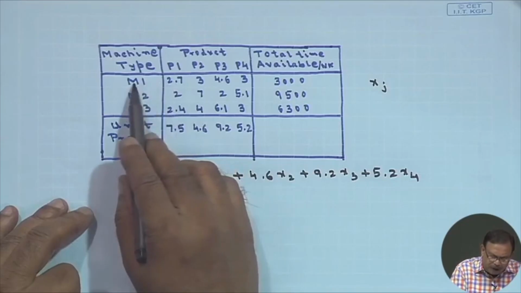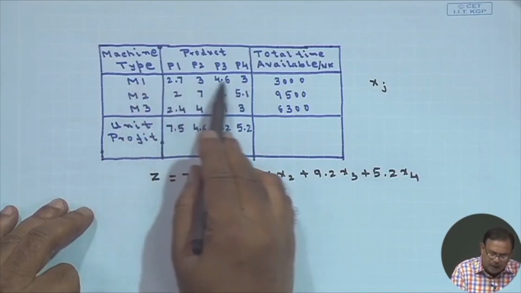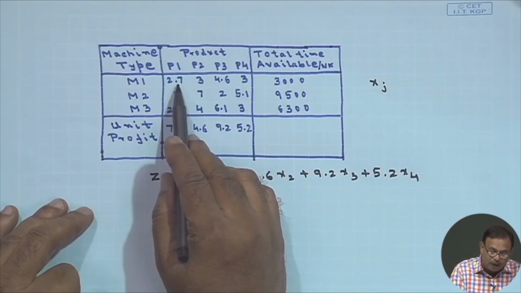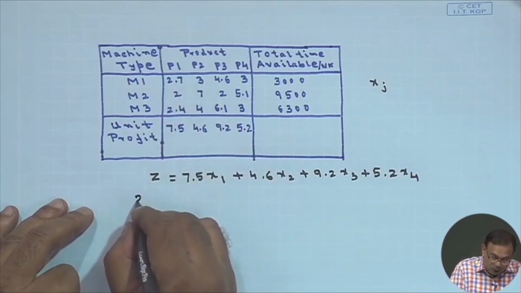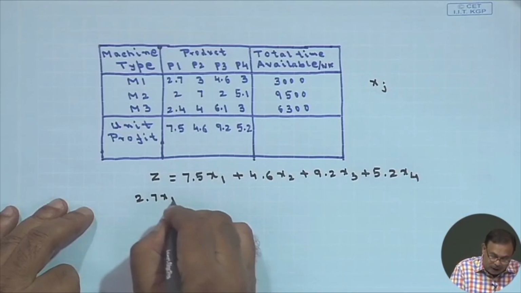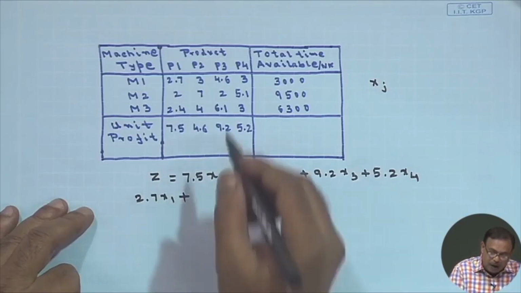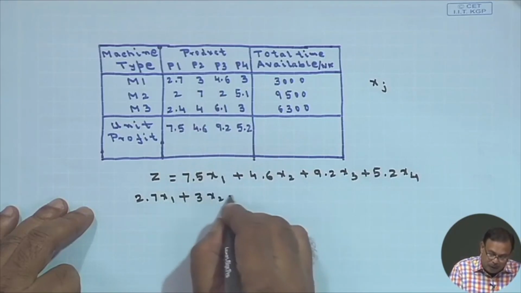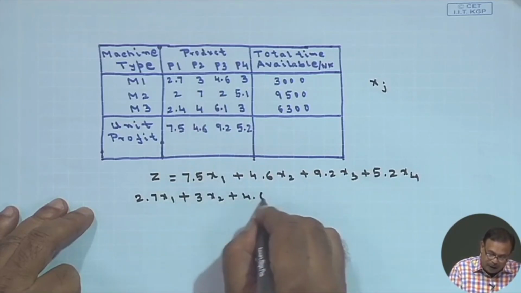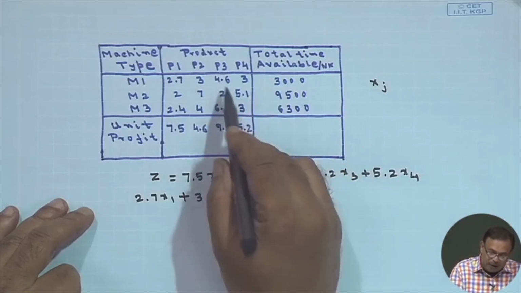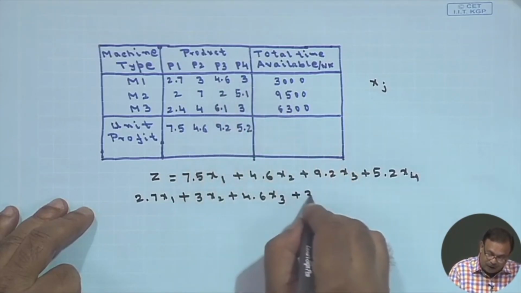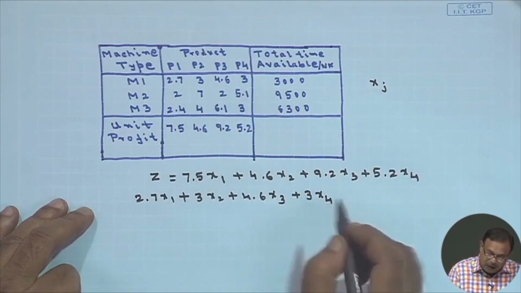If you see the first row, for machine M1, it can produce 2.7 x1 of product P1, plus for product P2 it is 3 x2, plus 4.6 x3, and for product P4 it is 3 x4.